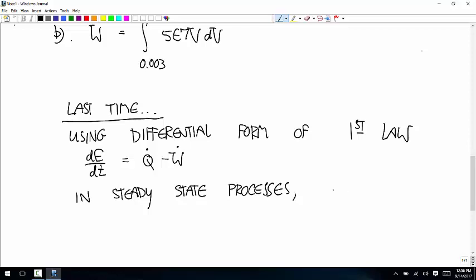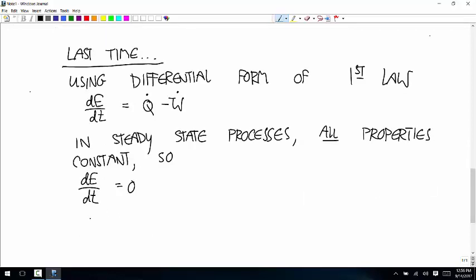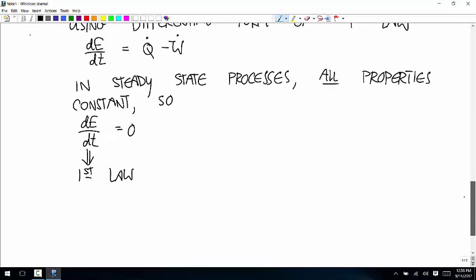So in a steady state process, all properties are constant. So dE/dt is equal to 0. And you get a form of the first law that looks like 0 is equal to Q dot minus W dot.